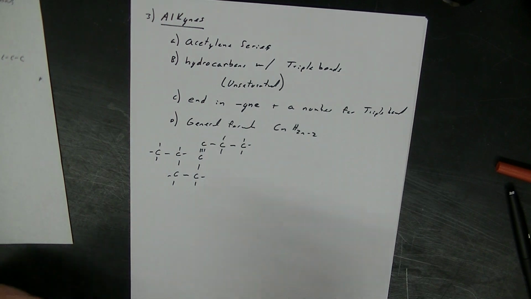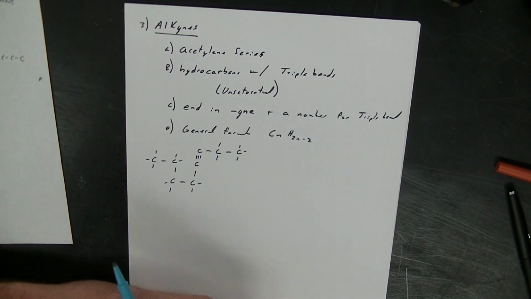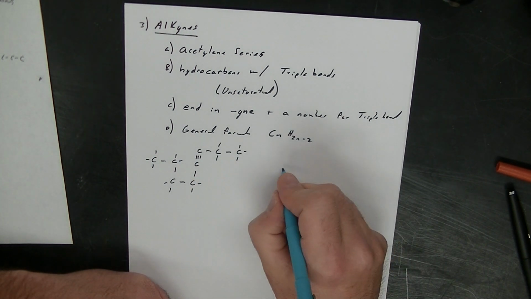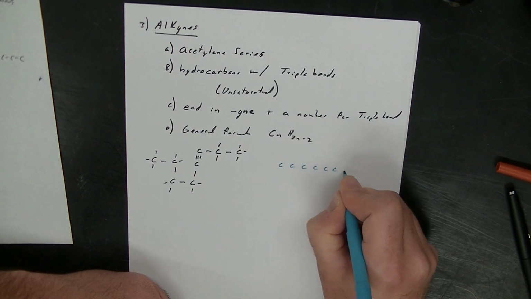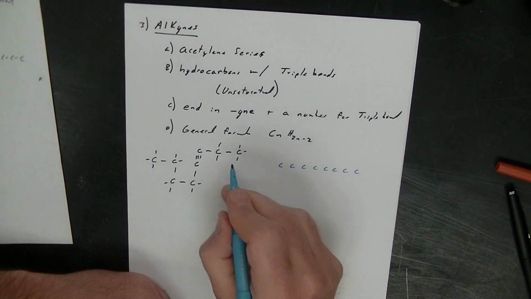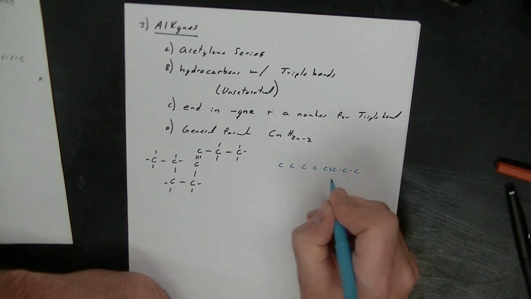So this is just 1, 2, 3, 4, 5, 6, 7, 8 carbons in a row. It's the same thing as this: 8 carbons in a row. The triple bond is here, and these are all single bonds.